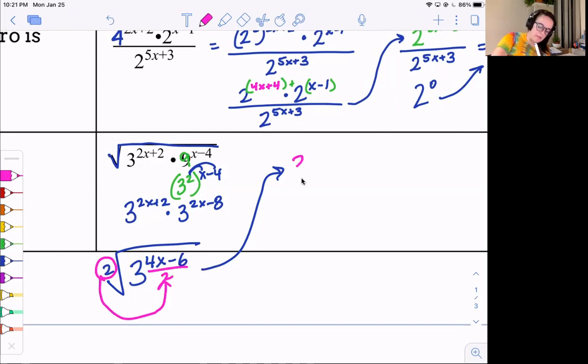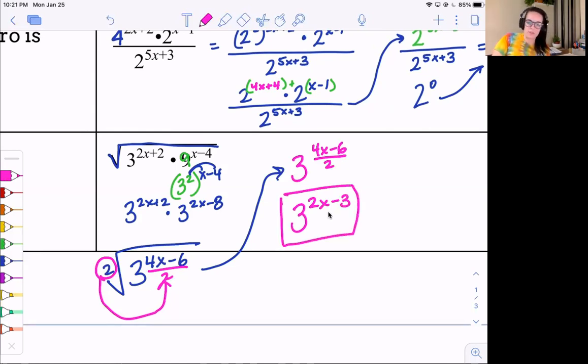So I would have 3 to the power of 4x minus 6 over 2. And I can simplify this fraction. So I have 4x over 2 would be 2x, minus 6 over 2 would be 3. Like that. So I could have this answer here.